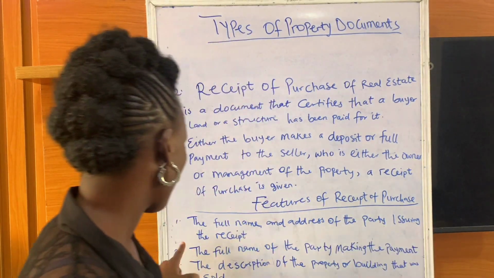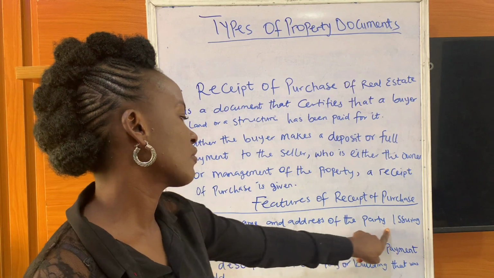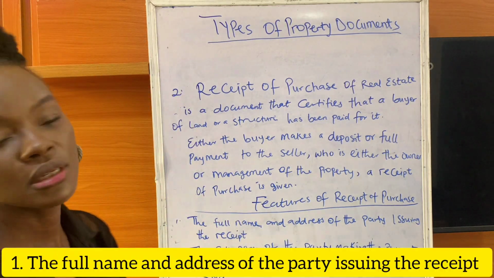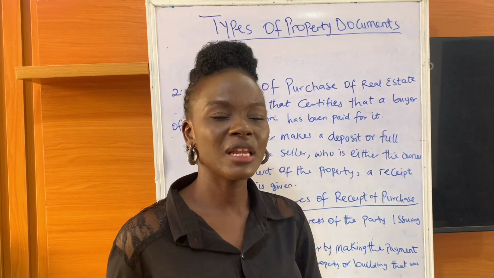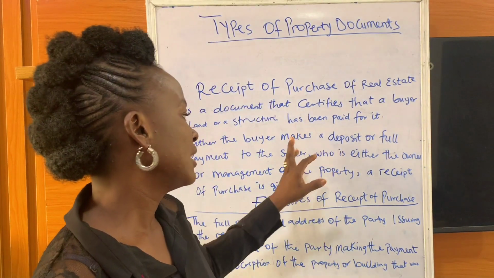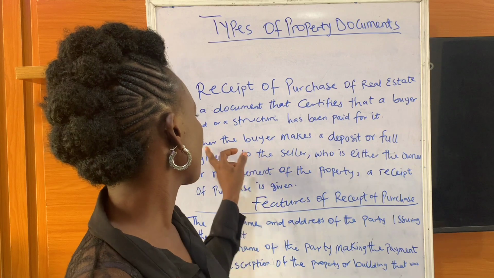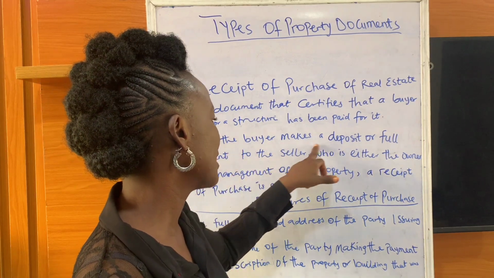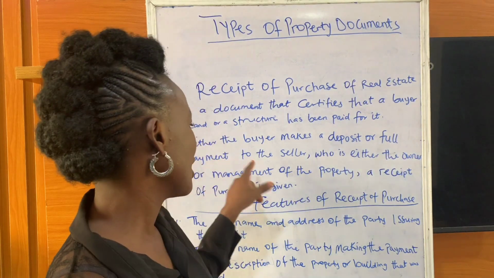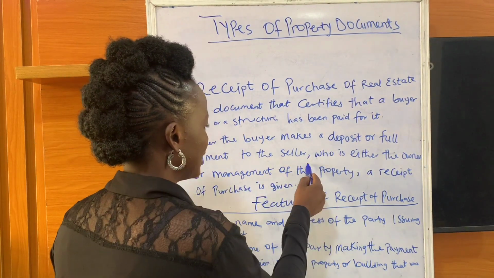Number one, the full name and address of the party issuing the receipt. The owner of the property who is issuing the receipt. Now, I need to mention this before I go. You will see in the next paragraph that either the buyer makes a deposit or full payment to the seller. Now, note the seller.